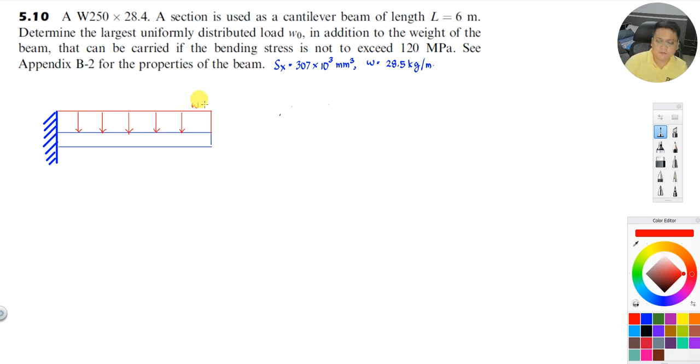Okay, so you can have that. Now, in addition, that is the total, no? So that is the total.